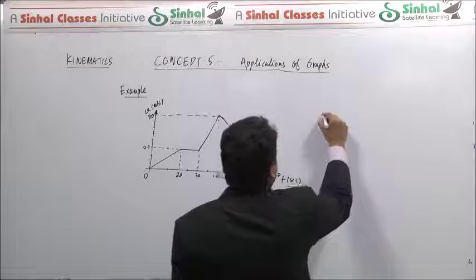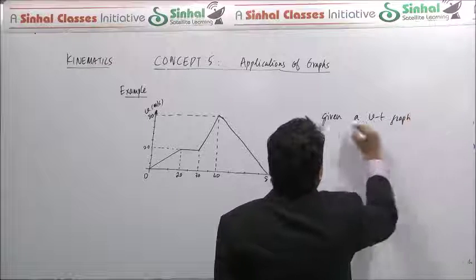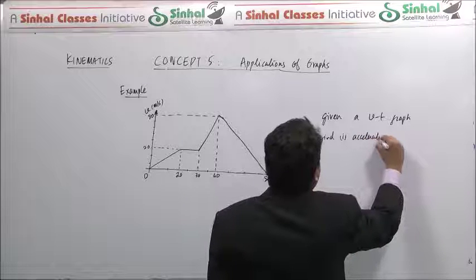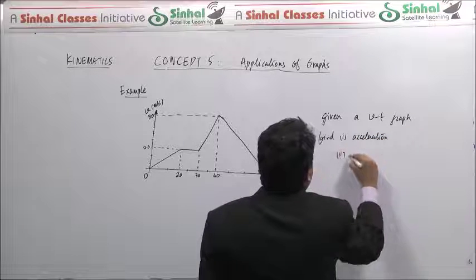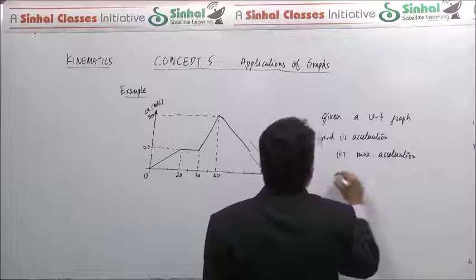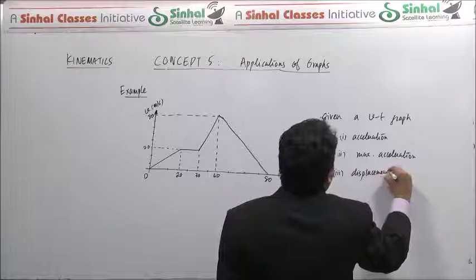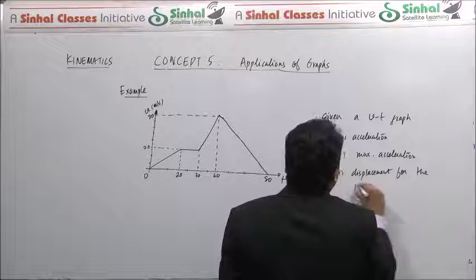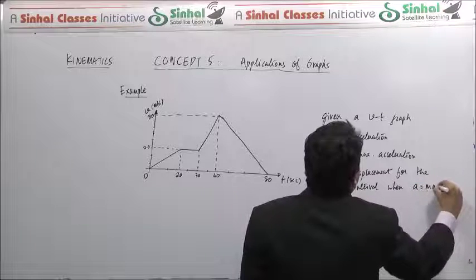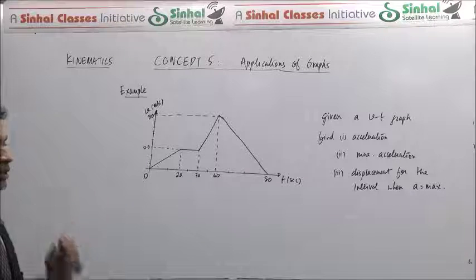So this is given a velocity time graph. Find acceleration, maximum acceleration, and third, displacement for the interval when acceleration is maximum. Okay. So just understand that question, we'll discuss its solution.